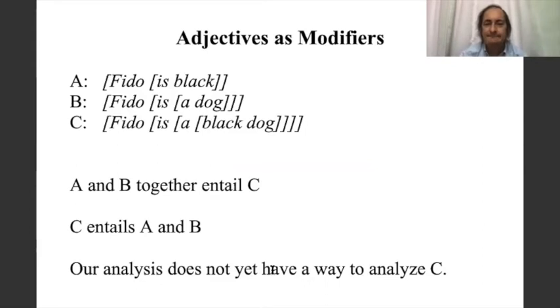Okay, now we're going to look at adjectives as modifiers. We have "Fido is black." That's no modifier. We have "Fido is a dog," no modifier.